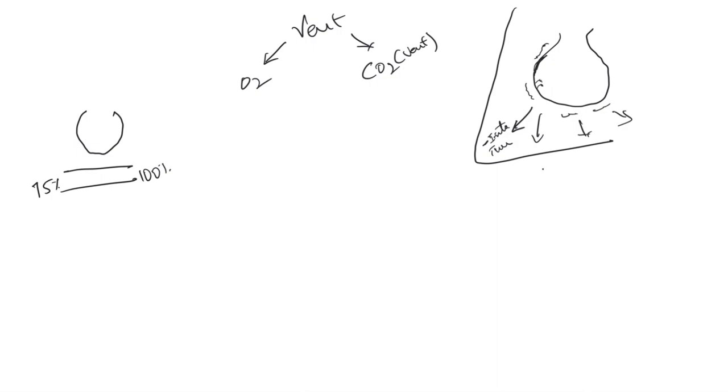The way you can think graphically is this is the pressure and this is the volume. When the balloon is completely collapsed, you increase the pressure, it pops open. And once you open it, it's much easier to inflate. And then if you increase the pressure too much, you hyperdistend it. This is a normal alveolus. If you have no surfactant or low surfactant, you will need a lot more pressure to open it.